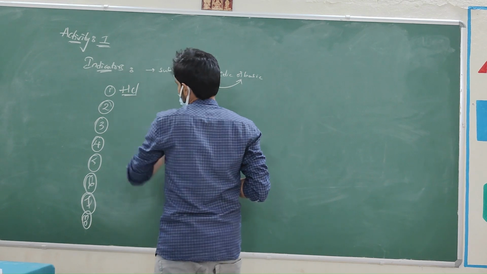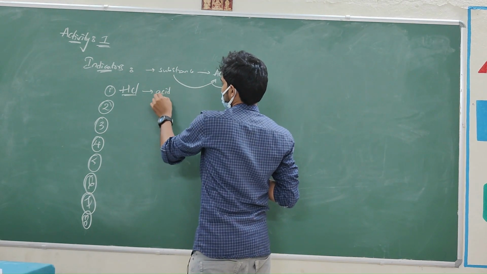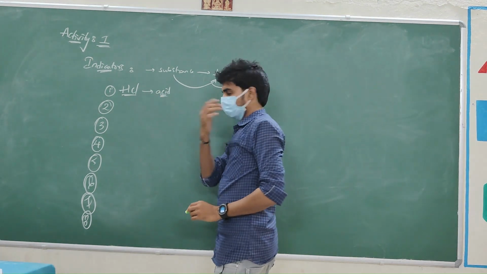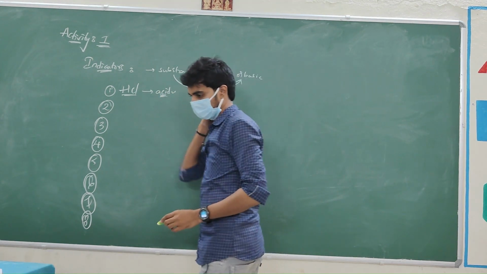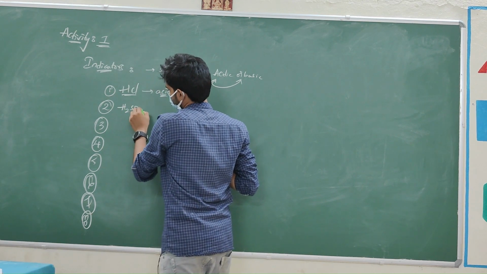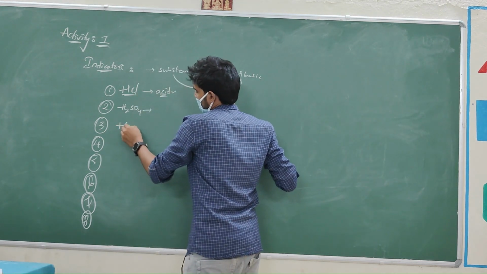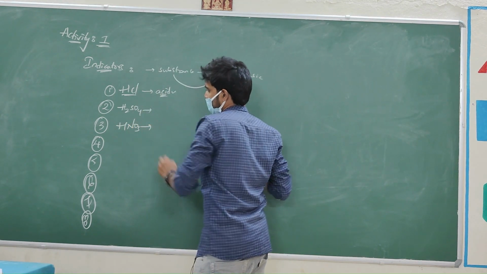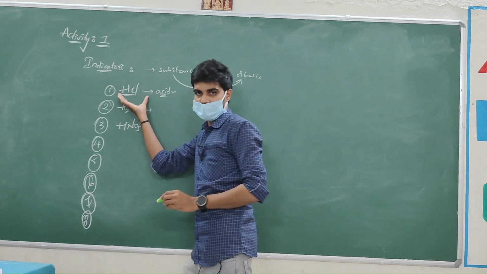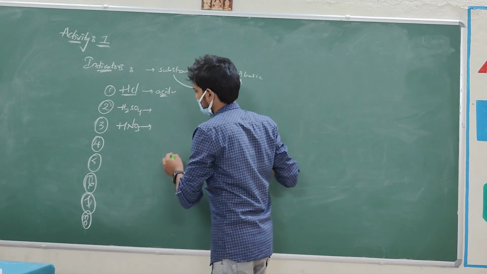The name has acid in it, so I simply say it is an acid. Next we have H2SO4, which is sulfuric acid, and next HNO3, which is nitric acid. First is HCl, second H2SO4, and third HNO3.